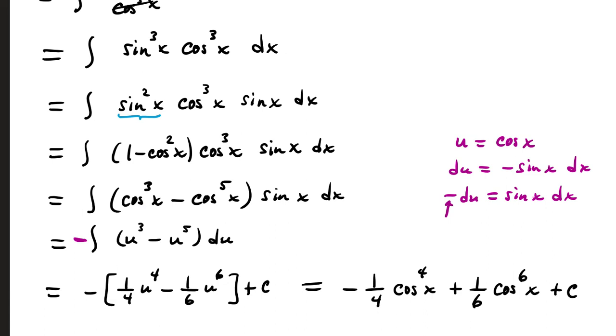That gives us the integral of cosine cubed. We're going to rewrite that as u cubed. Cosine to the 5th x, that's u to the 5th. The rest of this is negative du. Taking the antiderivatives, we have a negative 1/4 u to the 4th minus 1/6 u to the 6th. Replacing the u's with cosine x, that's negative 1/4 cosine to the 4th x, plus 1/6 cosine to the 6th x, plus our constant of integration.